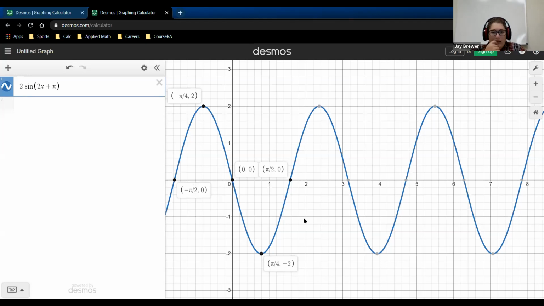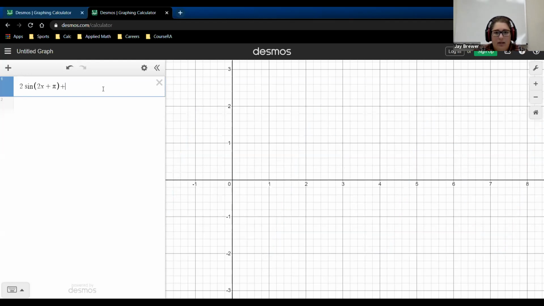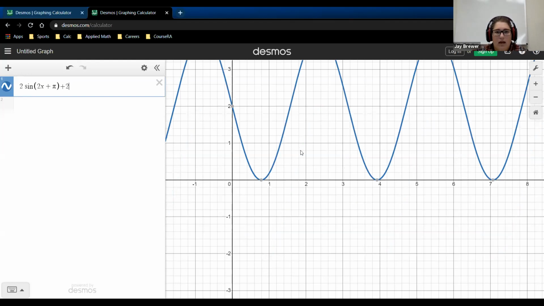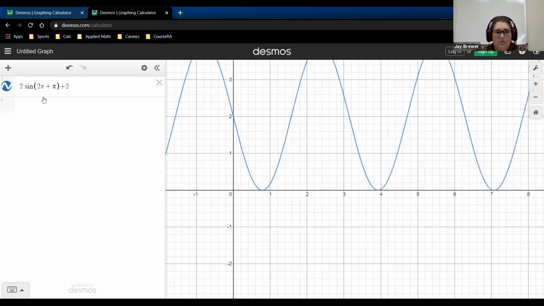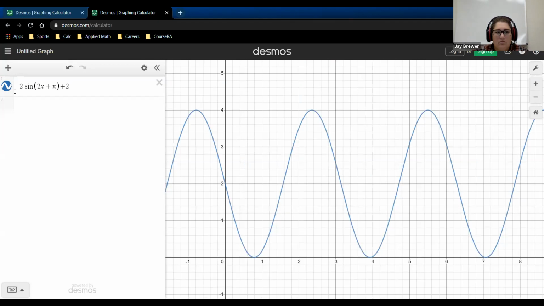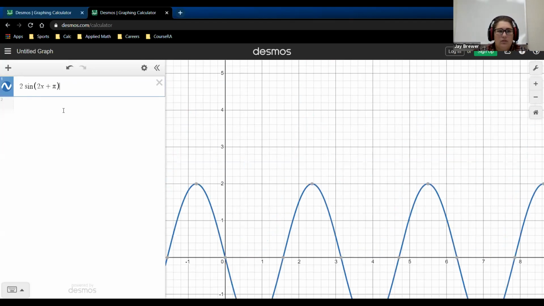All right. If we look at this graph, and then we want to add 2 to the outside of it, what happens? So here's the initial graph. Let's type it out again.